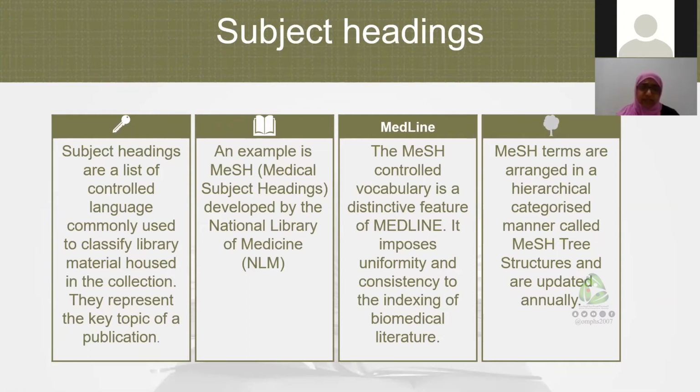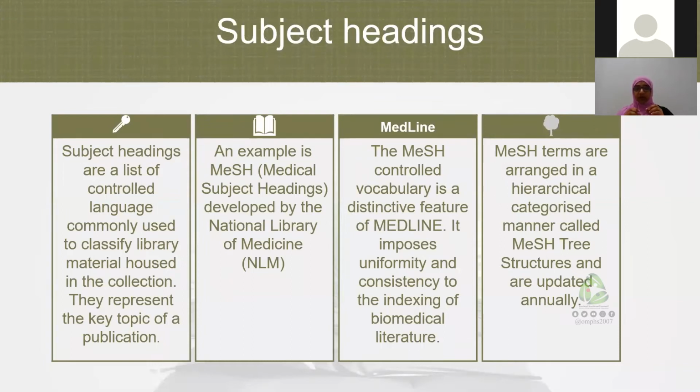An example is the MeSH terms, which is very commonly used in most of the databases, which is Medical Subject Heading. It's developed by the National Library of Medicine. It's a controlled vocabulary, which is a very distinctive feature of Medline and so many other databases. It imposes uniformity and consistency to the indexing of biomedical literature.